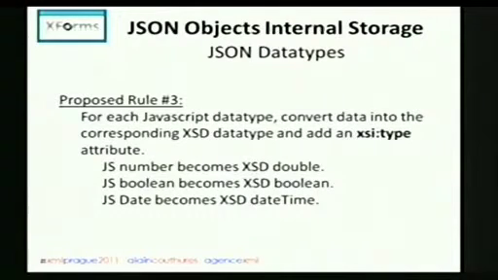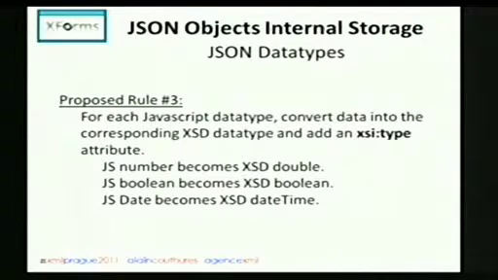The third rule is about JSON data types. There are types within a JSON object. So why not using XSI type? You have JavaScript number, so use XSD double.